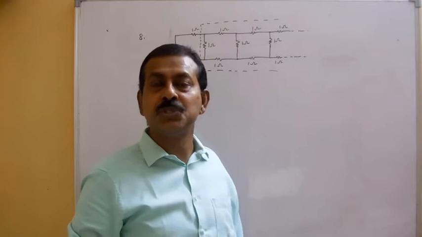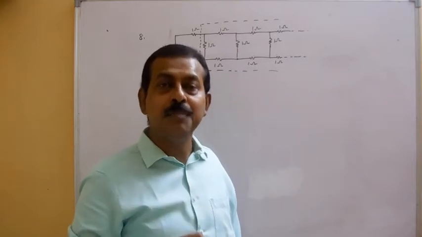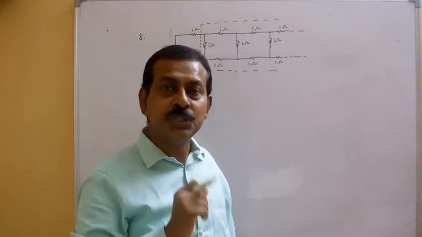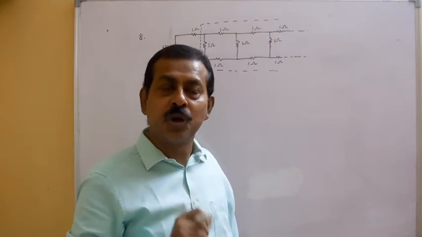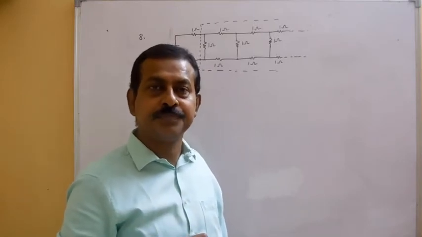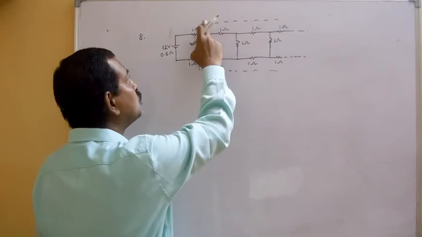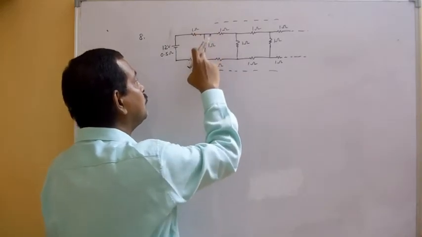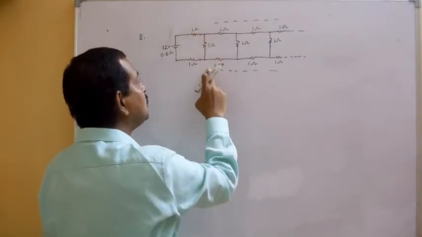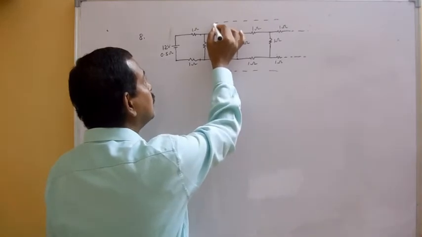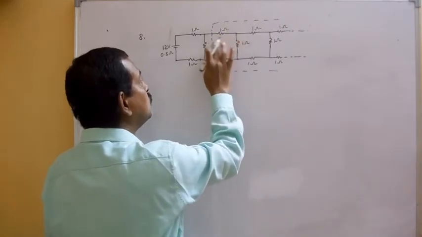So it is not exactly the same arrangement, and this choice is not the correct one. So what should we do? We should go for another one and check whether we get the exact distribution or not.